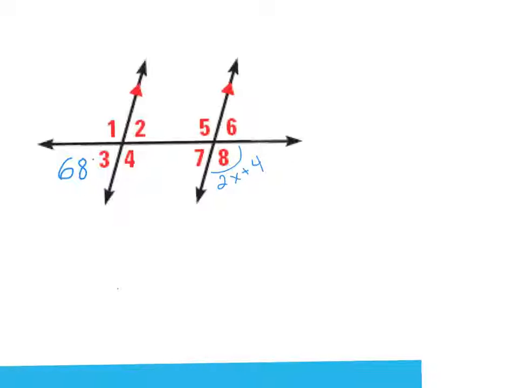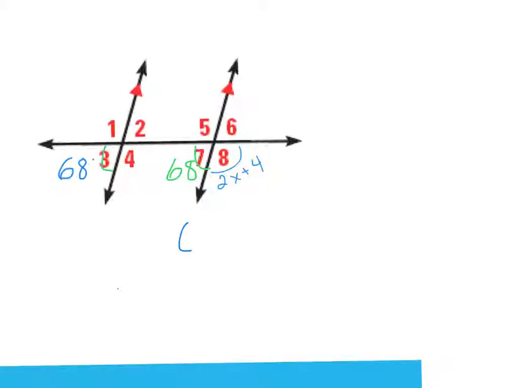So what's the relationship between 3 and 7? They're corresponding, and if those lines are parallel, what's true about the measure of the angle? They're equal, okay? So I would say that 3 and 7 are congruent, so this is 68. What's the relationship between 7 and 8?